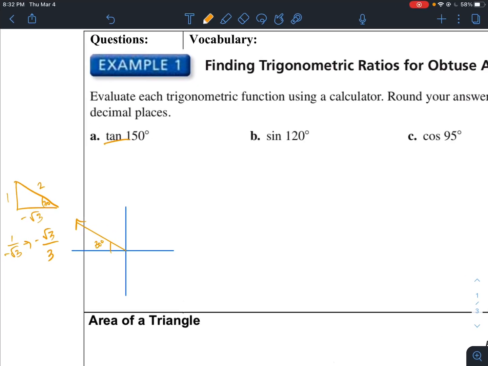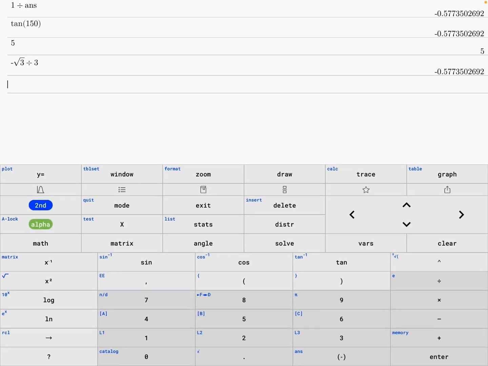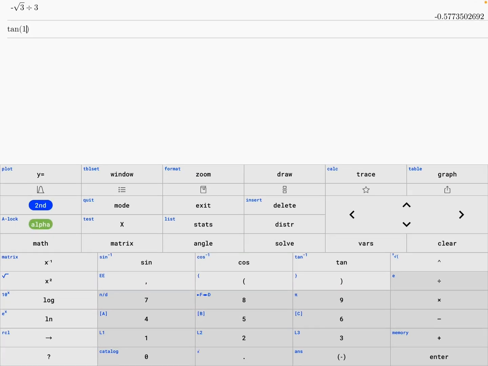So that's whenever we found tangent of 150 degrees, and that's equal to negative square root of 3 over 3, and we did that by using its reference angle and a coordinate plane. However, if I just take tangent of 150 degrees, you notice that I get the same exact number.